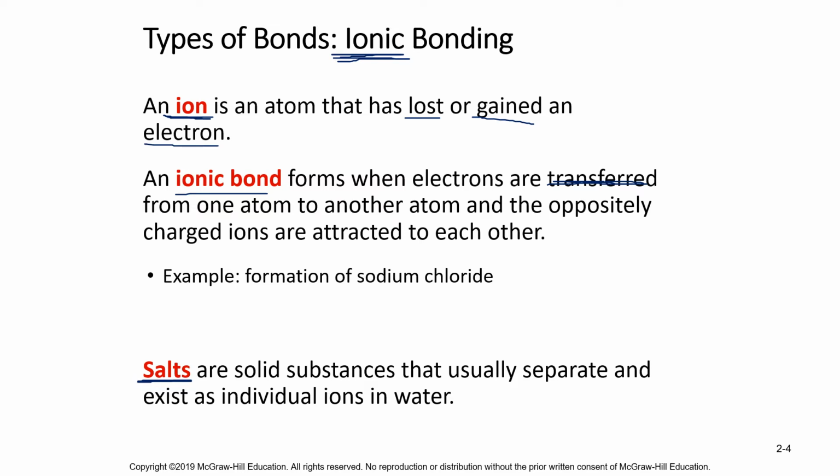That is a salt of acetaminophen. So anytime you have a compound held together by ionic bonds, those are ionic compounds, and we describe those as salts. One cool thing about salts is they will ionize or separate in water.